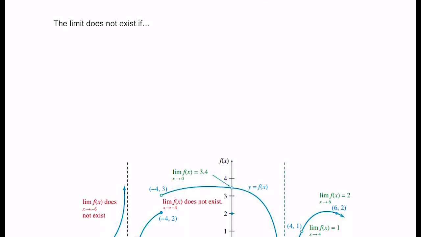The limit does not exist if f of x approaches positive infinity or negative infinity, and if the limits from the right and left are different.